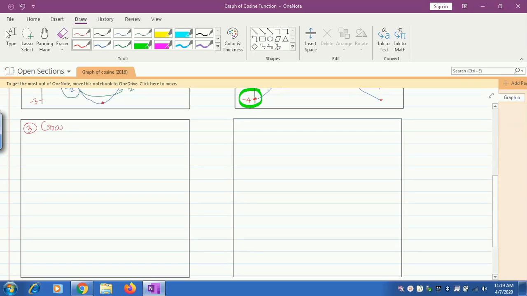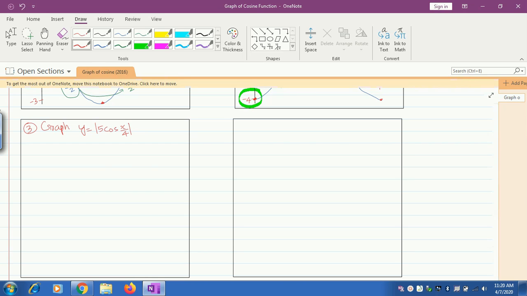Graph here, y is equal to 5 sine x over 4. We have discussed the cosine, so we have to replace cosine with sine, x over 4.